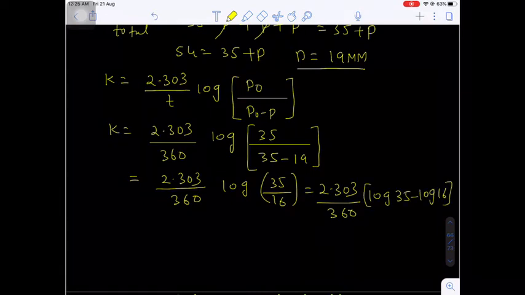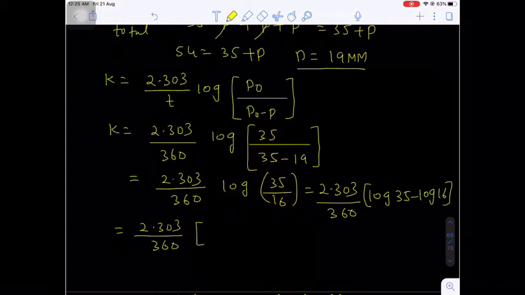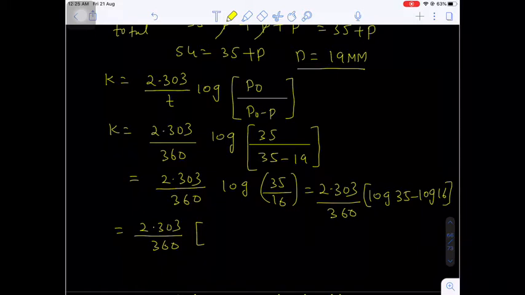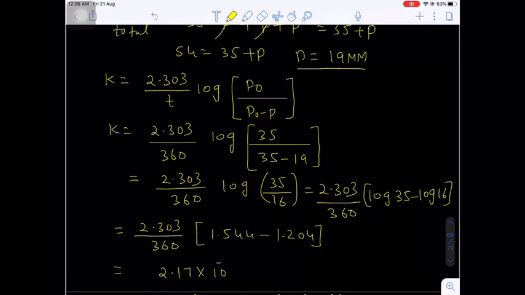Log 35 is nothing but log of 7 plus log of 5, which is equal to 1.544. Log 16 is nothing but log of 2 to the power 4, that is 4 log 2, which is 1.204. After complete simplification, you will get the final answer 2.17 into 10 raised to minus 3.